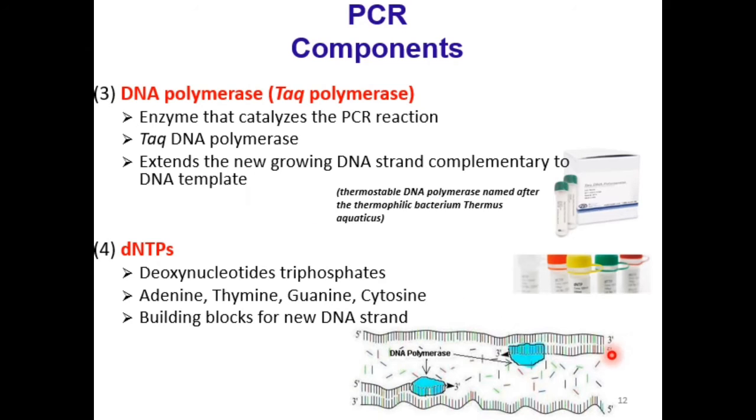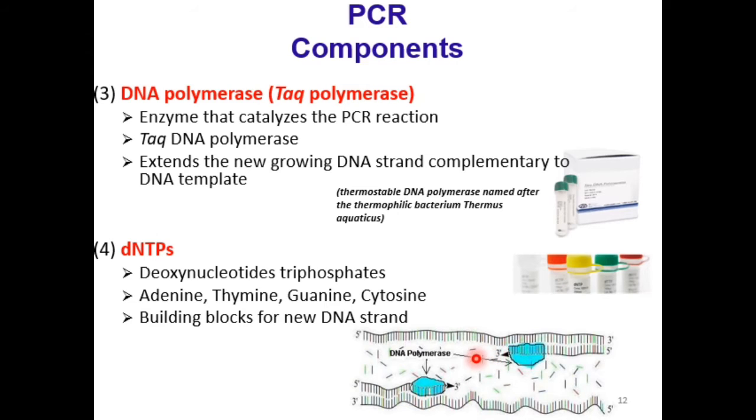What does this mean? Here you have the primer that comes and anneals, and this is the other primer, as we explained just now. Here comes the role of the Taq polymerase. It will extend the new growing DNA strand. You will have a new strand here and a new strand here, complementary, of course, to the original DNA.